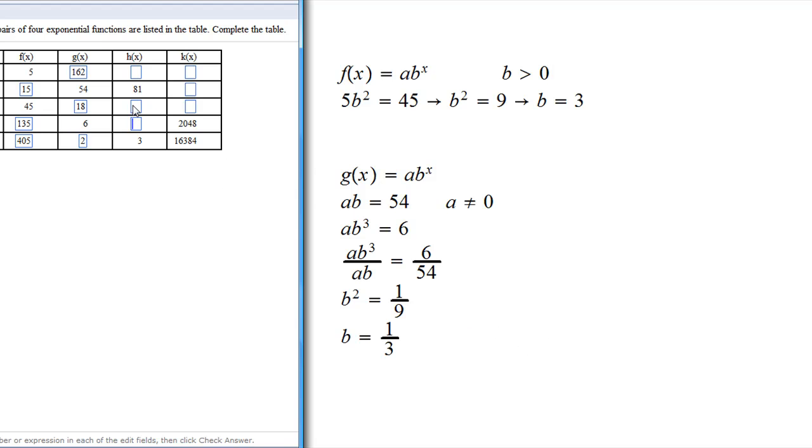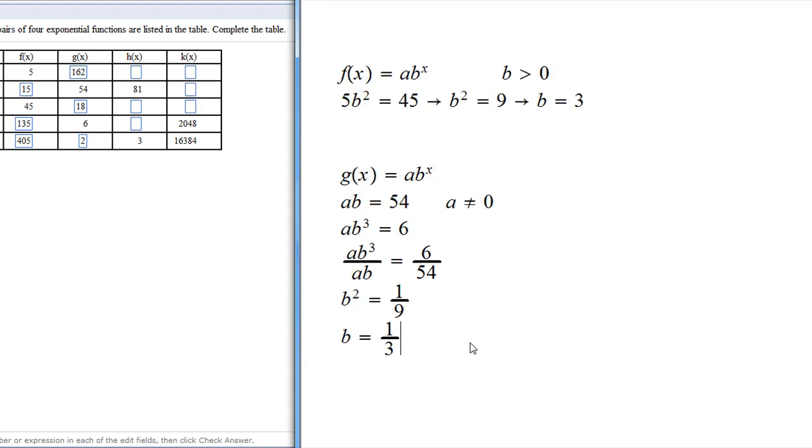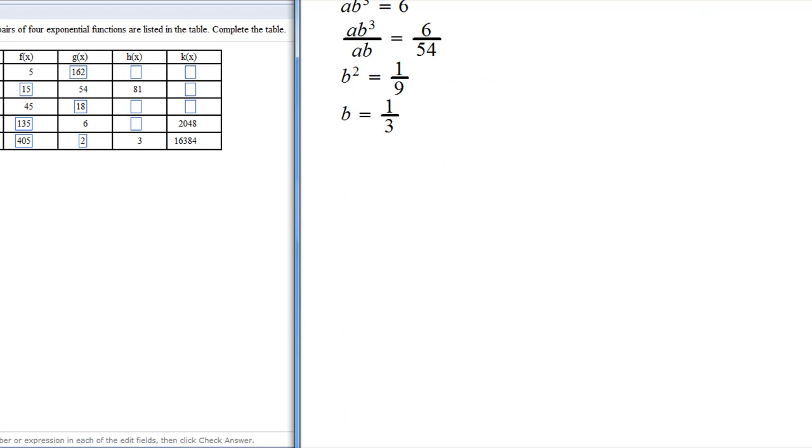Now let's go by the same formulation here. In this case, we have 81, and here we have 3. So our base is going to be a positive number less than 1. Now in this case we are going from x equals 1 to x equals 4. If we take 3 over 81, then we have gotten the cube of our base this time.